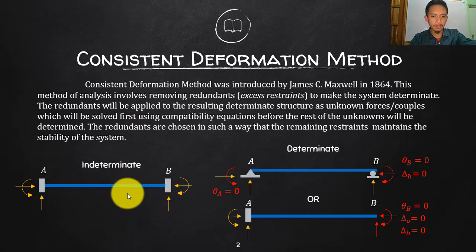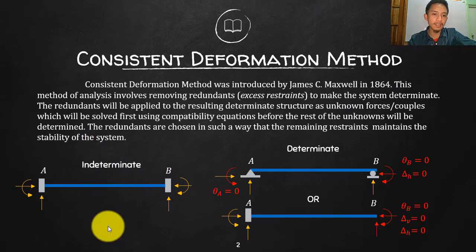So for example here, okay, let's consider this indeterminate structure. That is fixed on both sides of the beam. Then of course, if you look at the reactions, there will be three reactions at A, and then three reactions at B. So actually there are six unknowns, and if you use the three equations of equilibrium, there will be three redundants.